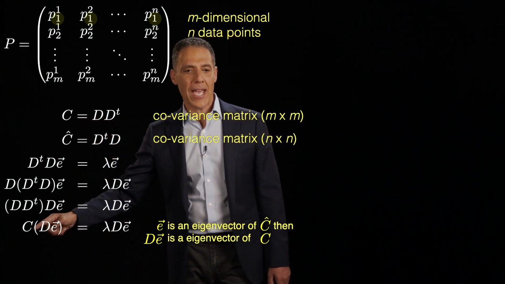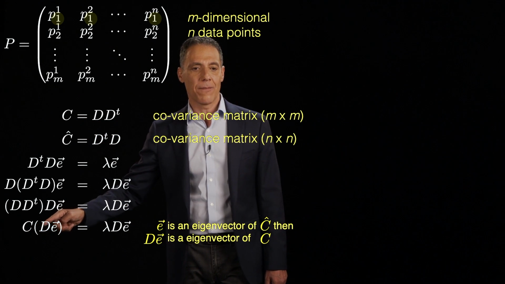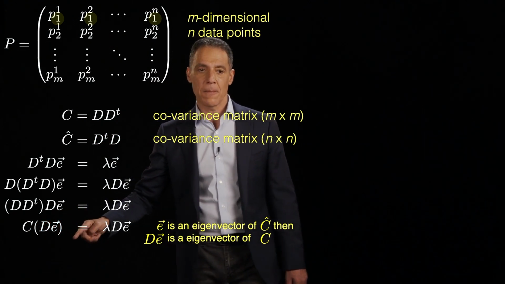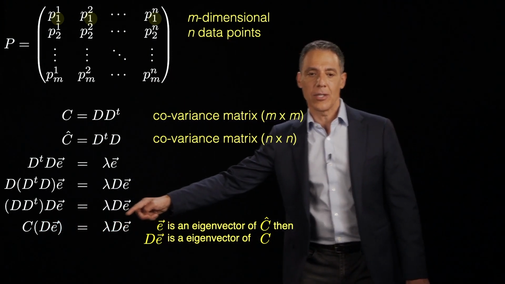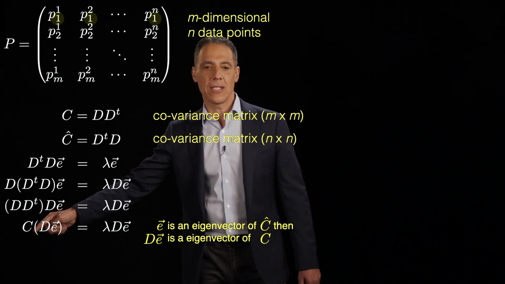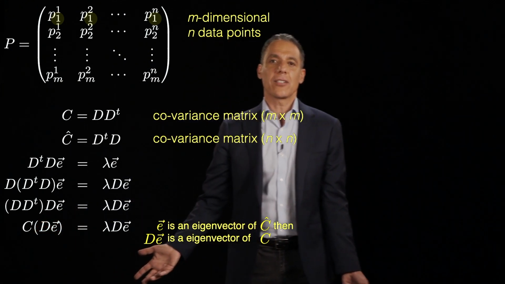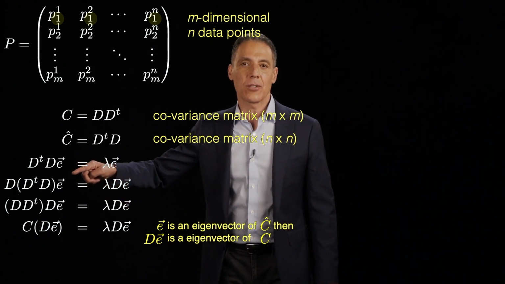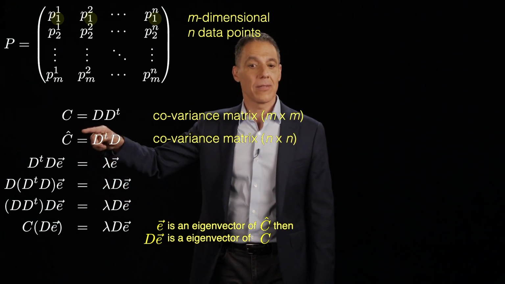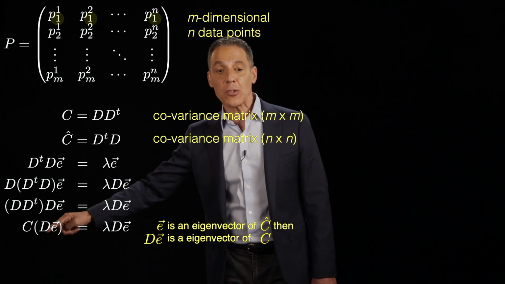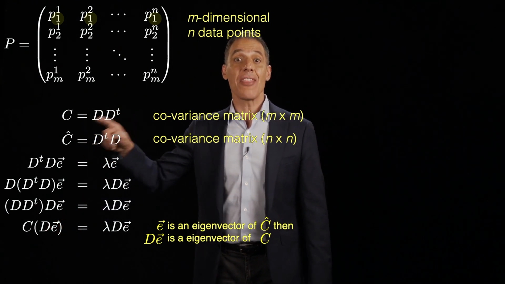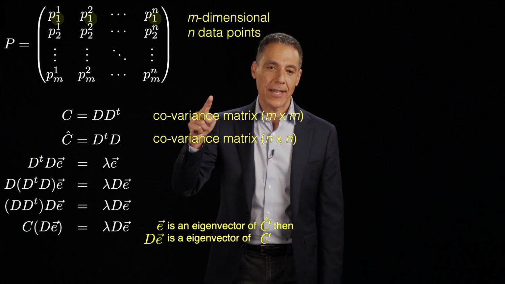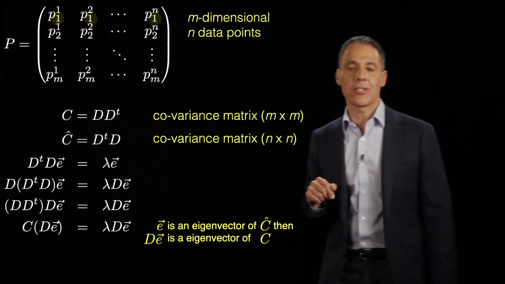And now look at what I have. It says here that the vector De is a scaled version of itself when it is multiplied by C. What is that? That's the eigenvector. That's amazing. So now I compute the eigenvector of the smaller matrix, the n by n matrix. I multiply that by my data matrix, and that is the eigenvector of the big covariance that I want.